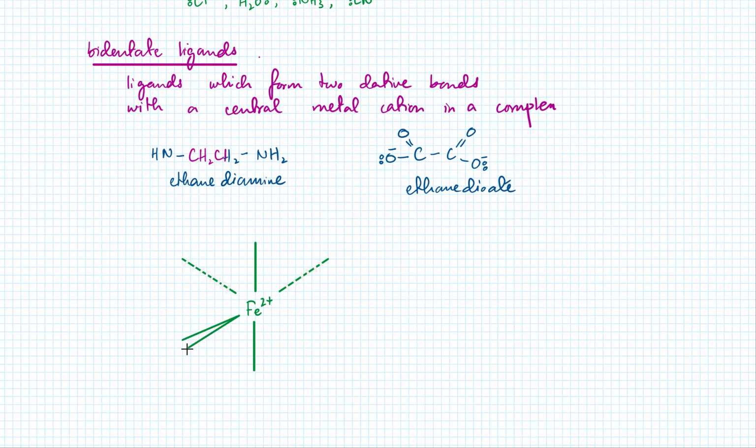So that's going to be your wedge-shaped bond, and you're going to have these on the other side as well. So one is wedge-shaped, coming towards you. Those are your X, Y, and Z axes. Anyway, I'm going to draw both bidentate ligands attaching to this iron 2 plus complex.